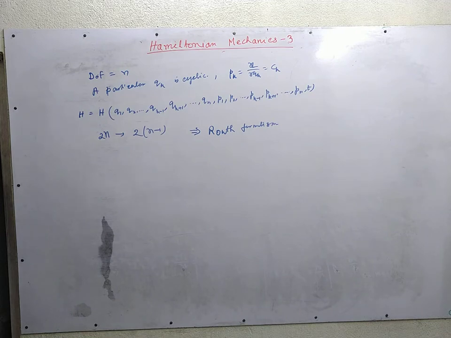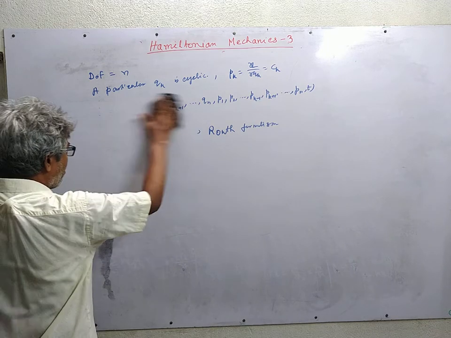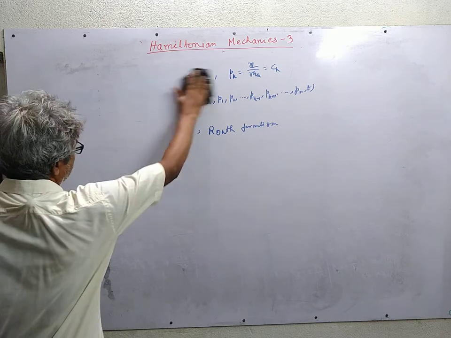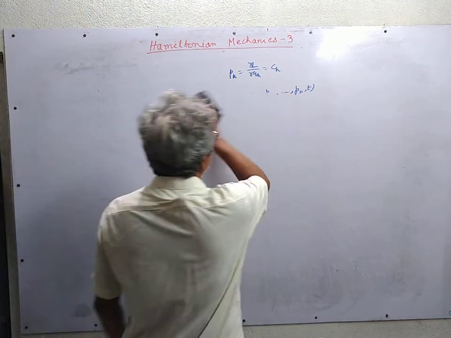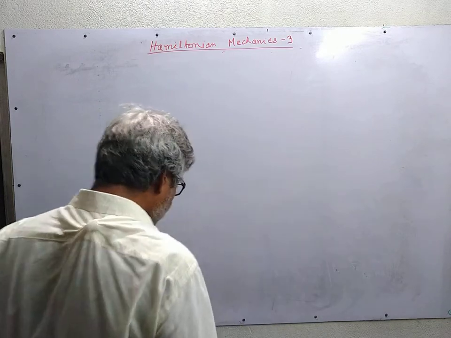So we shall consider a few examples of Hamiltonian dynamics. Especially we shall cite two examples where we encounter cyclic coordinates.